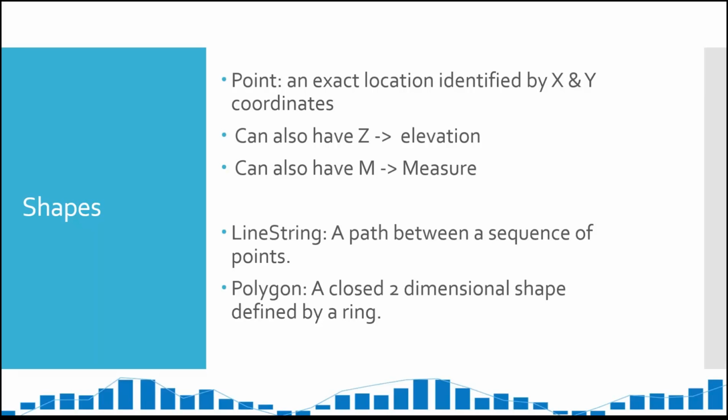If I'm dealing with points, I can potentially store the mile marker where that point would be if it relates to a road or something. But it's flexible. It can be used in any way that makes sense for the points that you have. Line strings. We saw a line string.